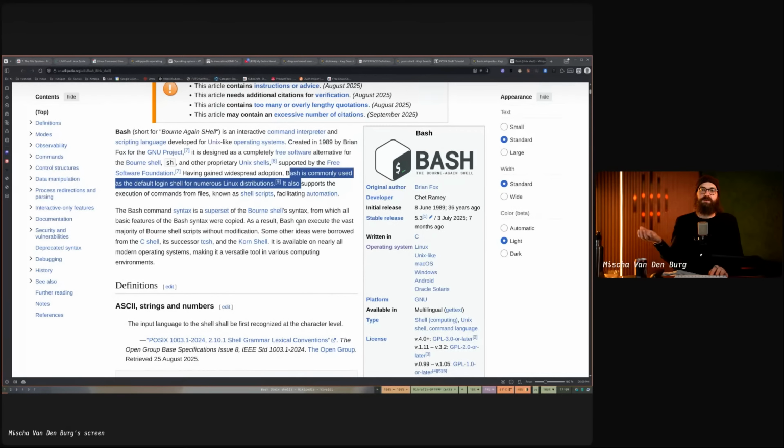Any Linux system that you log into these days is going to have the Bash shell on it, and almost any Linux distribution is going to have Bash as the default shell.